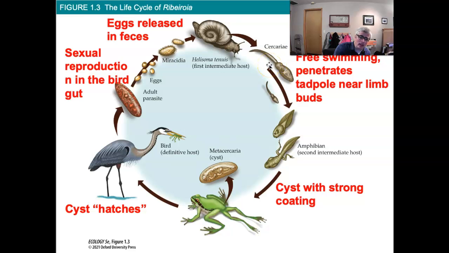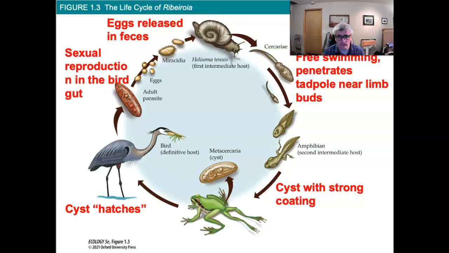These actually free swim around, look for tadpoles, and then enter the tadpole at the location where the limb buds are forming. So they actually penetrate into the tadpole, burrow into the tadpole, and then there they produce a number of these cysts, the metacercariae.